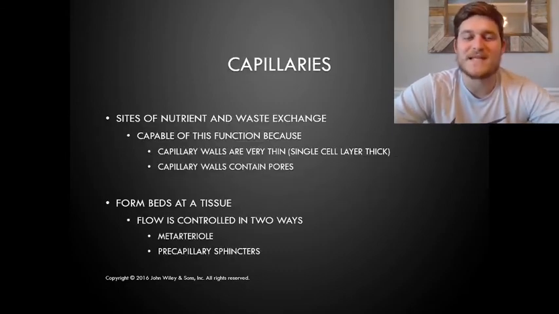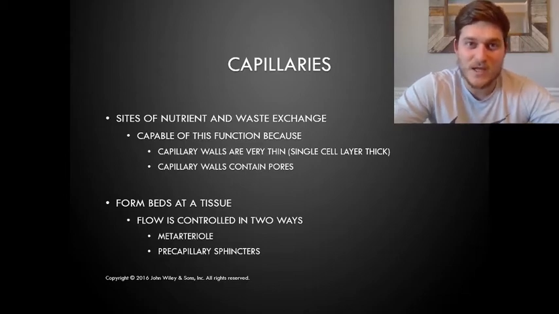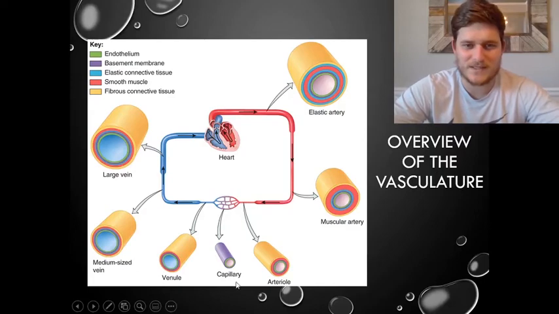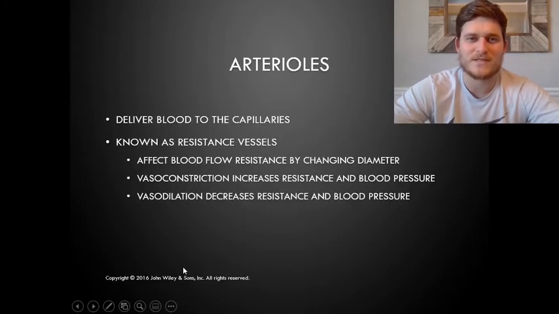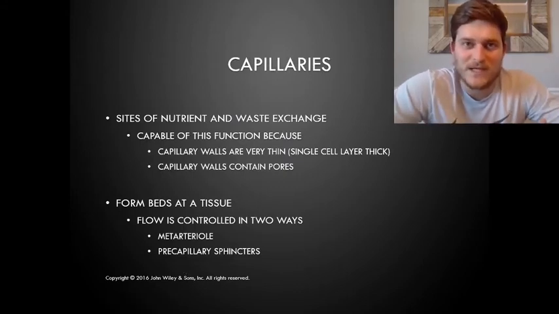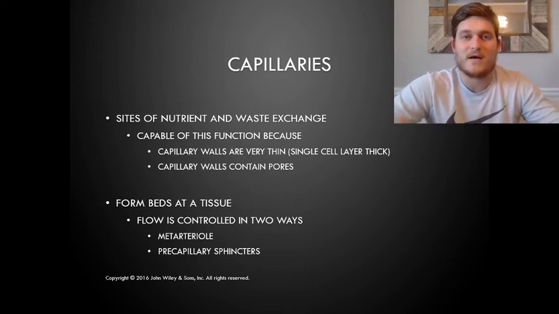Capillaries are going to be the site of nutrient exchange, gas exchange, and waste exchange. And you can see that making up the capillaries are just a single layer of endothelium and the basement membrane. The reason they look so different than the venous side of the circulation and the arterial side of the circulation is because their main function is just to exchange all these materials between the vasculature and the cells of the body.